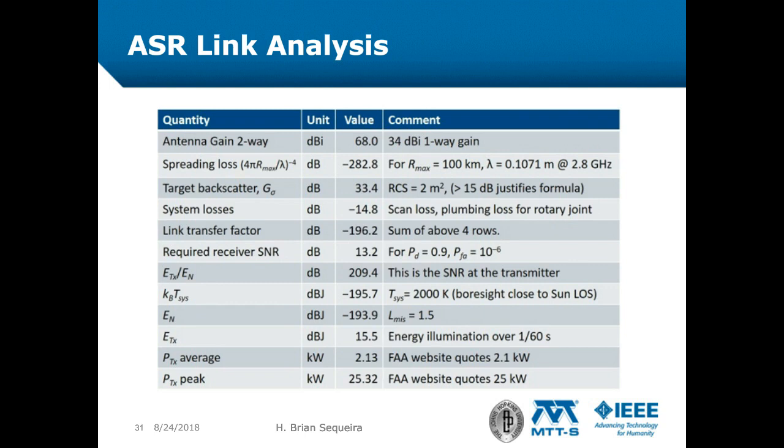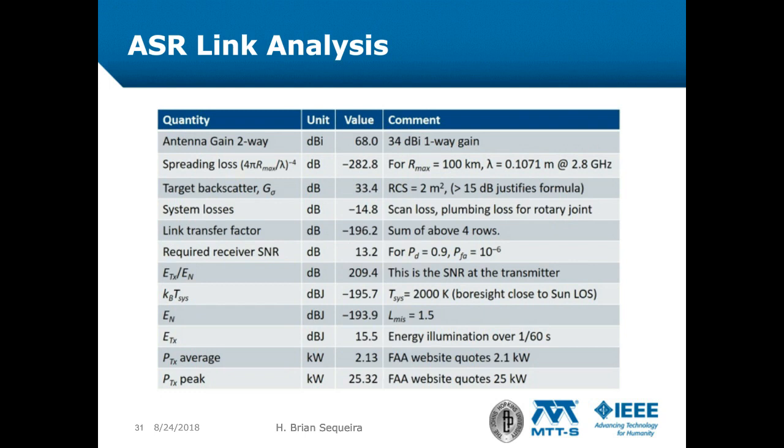Then the transmitted energy is about 35 joules, and it must be expended in 1/60th of a second. So this is equivalent to an average power of 2.13 kilowatts. The FAA website notes that the average power of an ASR-11 is 2.1 kilowatts.